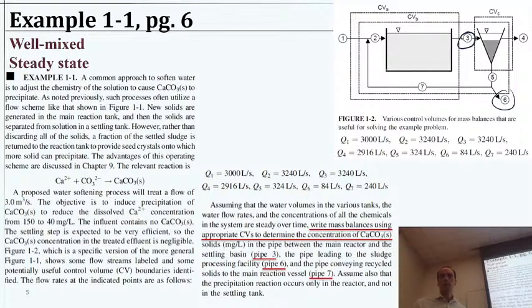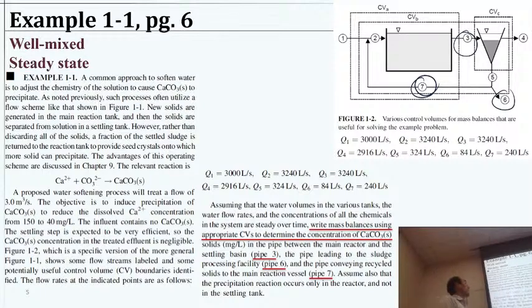So this one, and this one. As we take a look, just keep that in mind. Our challenge, like the last problem, is to do some sort of mass balances in order to figure out what's going on in this system.